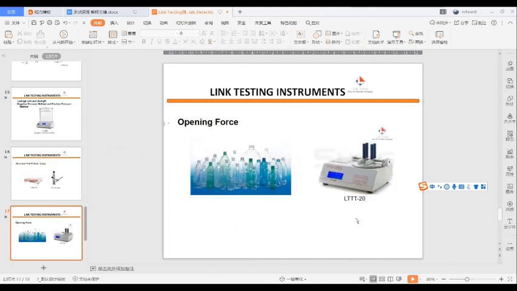This is the open force tester. It's very easy. It's usually used in beverage factories, like Pepsi, Coca-Cola, or orange juice and banana juice factories, and sometimes in alcohol beverage factories, to test how much force, how many newtons, you need to open the cap of the bottle and drink it.